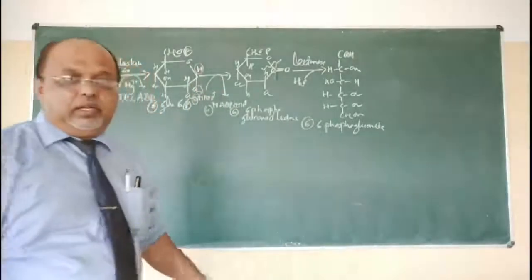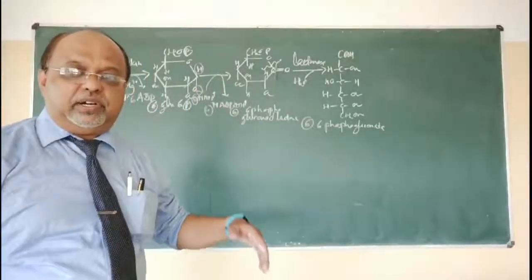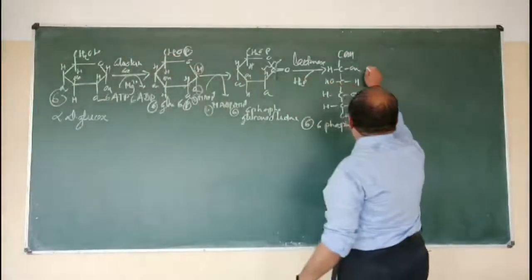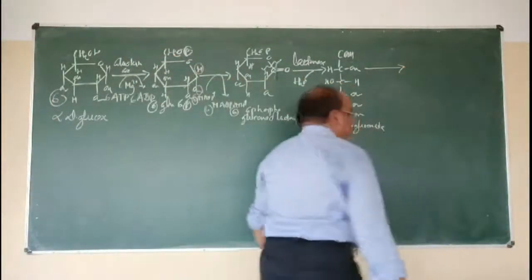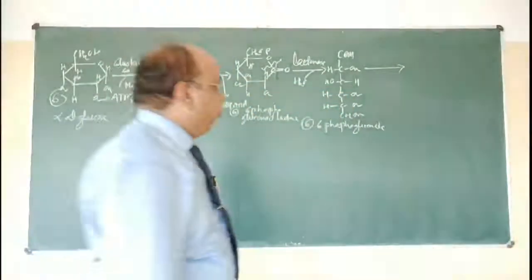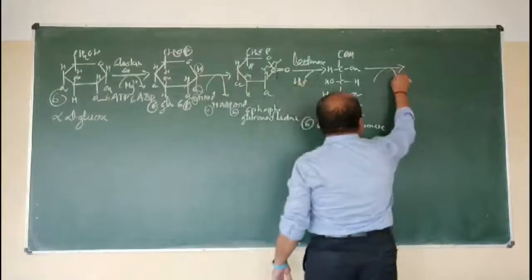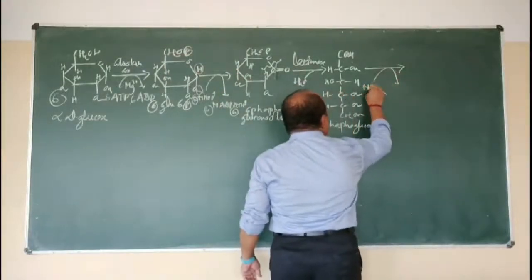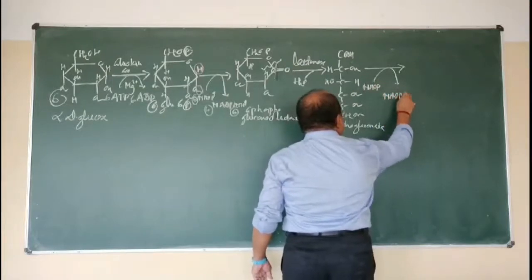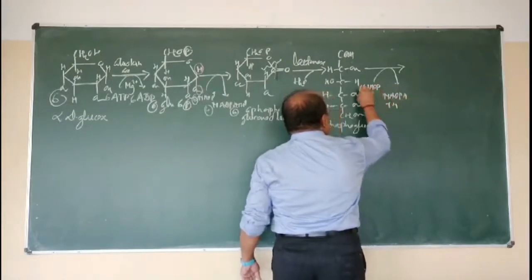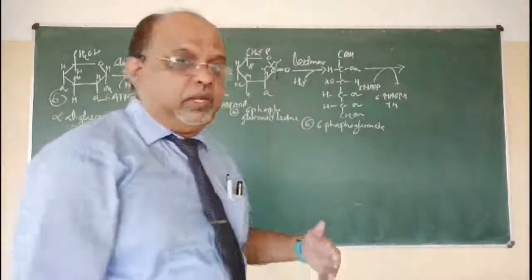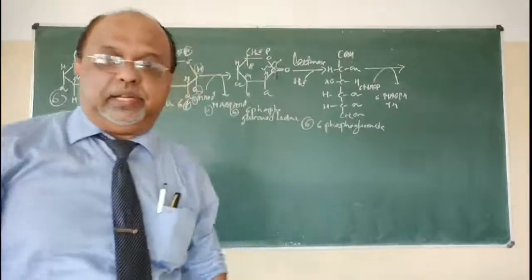In the next step, a further dehydrogenation reaction occurs, meaning oxidation occurs, catalyzed by the enzyme 6-phosphogluconate dehydrogenase. During the reaction, again NADP acts as an electron acceptor. 6 molecules accept the electrons from 6-phosphogluconate.